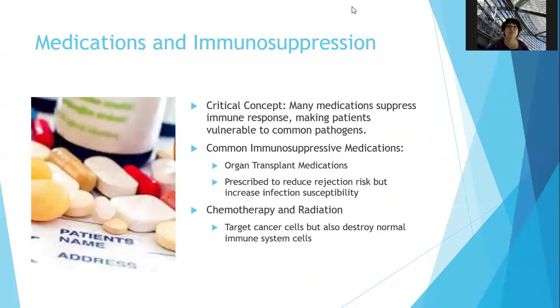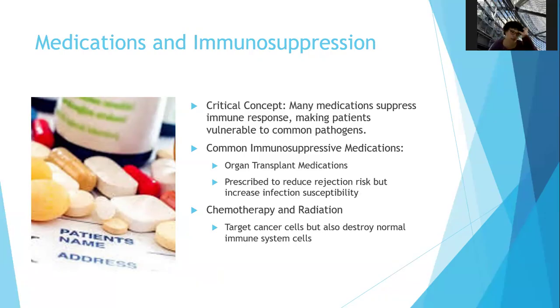So medications can often have an effect on the immune system. In fact, a lot of medications can suppress the immune system. If you're on a medication that suppresses your immune system, it makes you more vulnerable to common pathogens. So people who are on organ transplant medications, they are on immunosuppressants to keep your immune system from rejecting the new organ. That's pretty important.